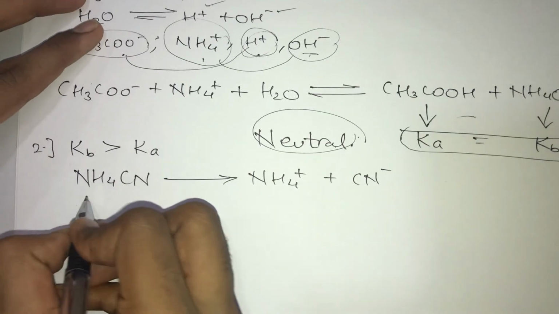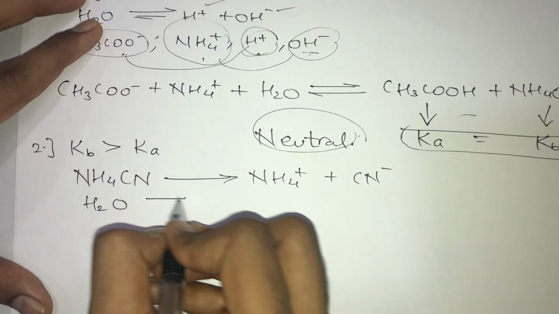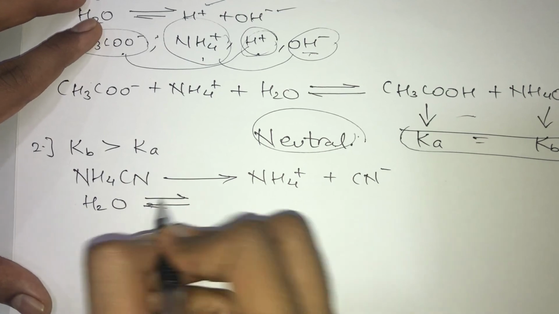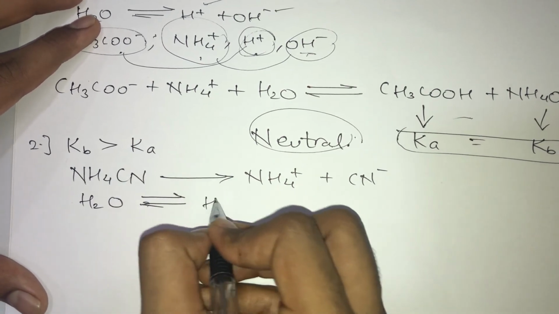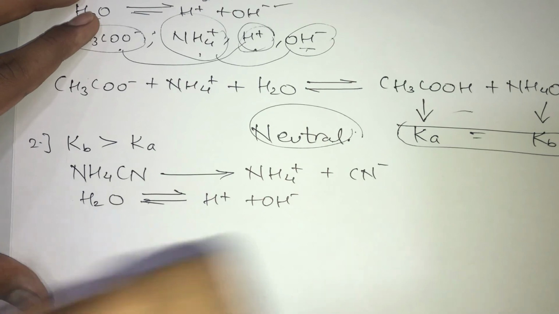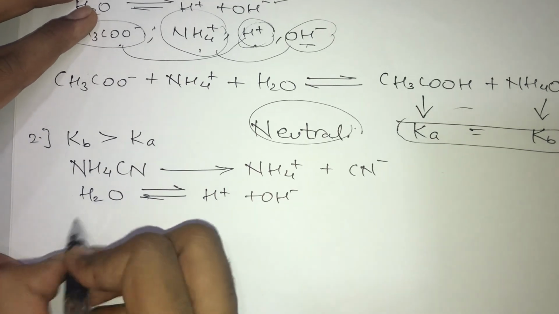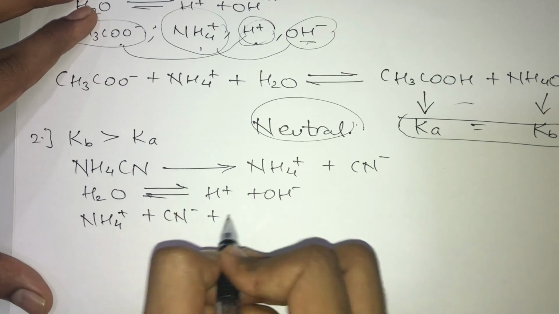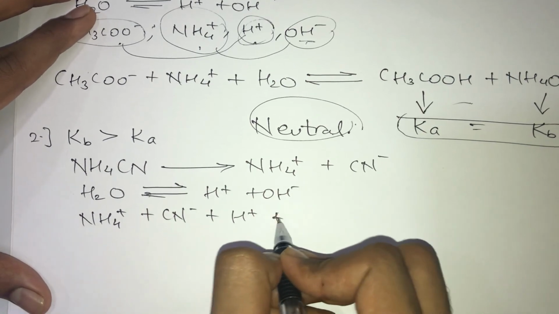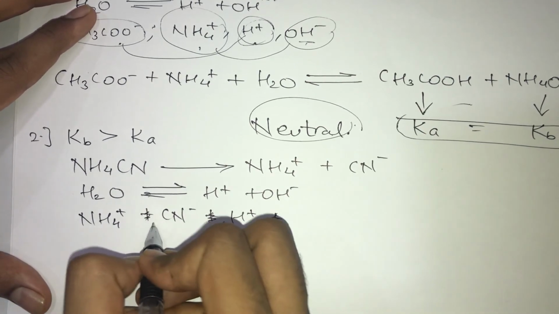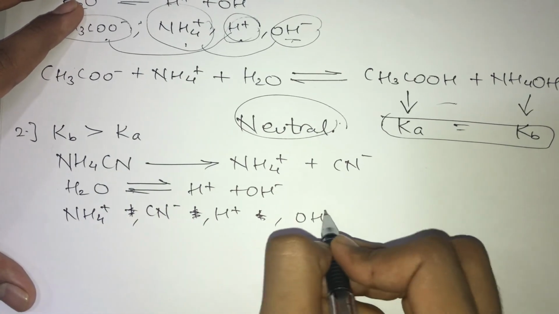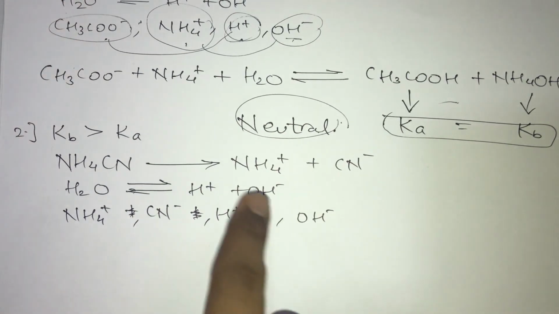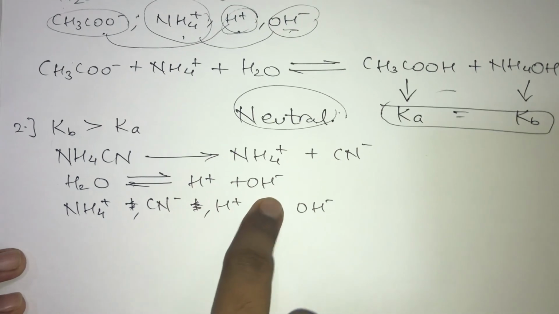Now we know that water also slightly dissociates into its ions, that is H plus and OH minus. So now there are 4 ions present: NH4 plus, CN minus, H plus, and OH minus. So there are 4 ions, this first, second, third and fourth.